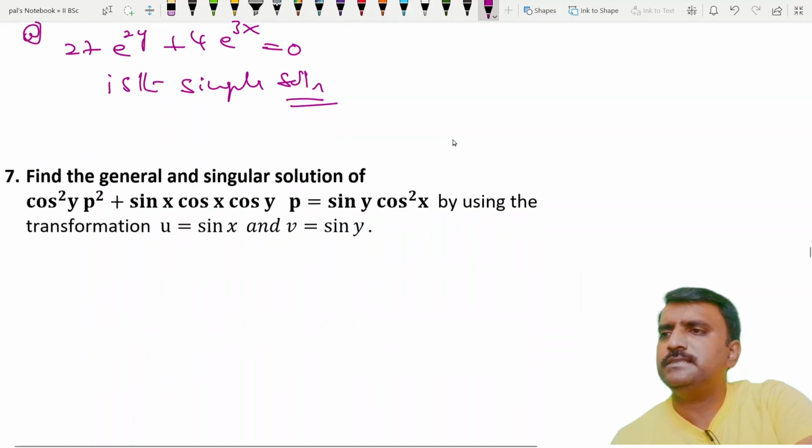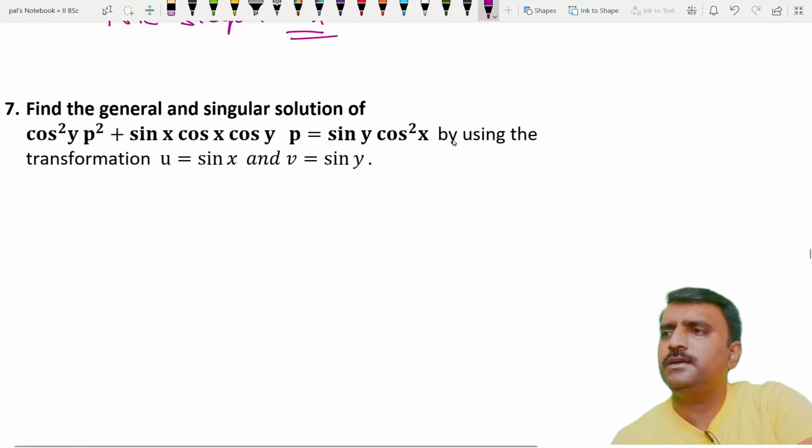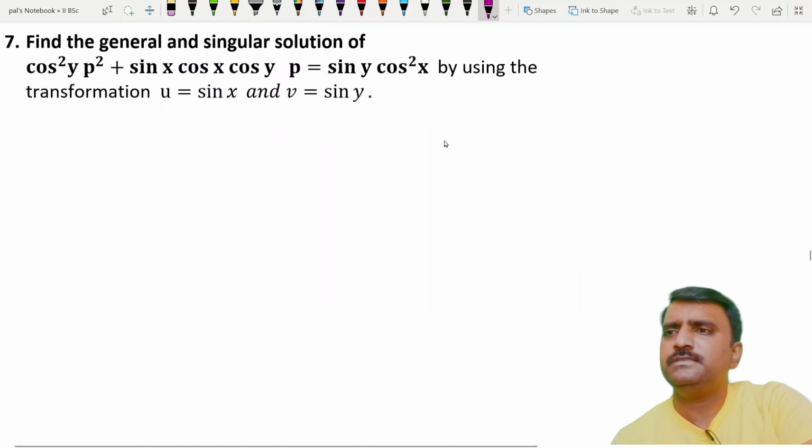Find the general and singular solution of cos square y into p square plus sin x cos x cos y p is equal to sin y cos square x. So the transformation is given: u is equal to sin x, v is equal to sin y.